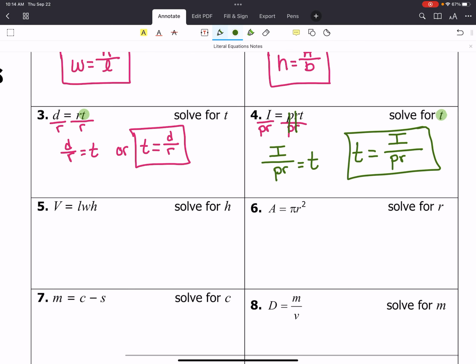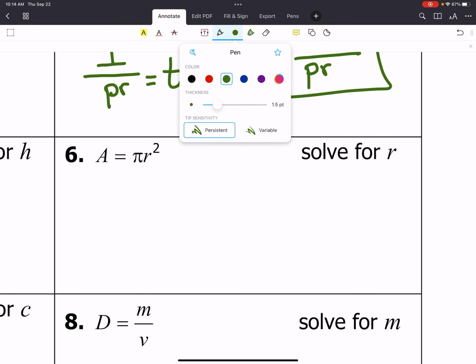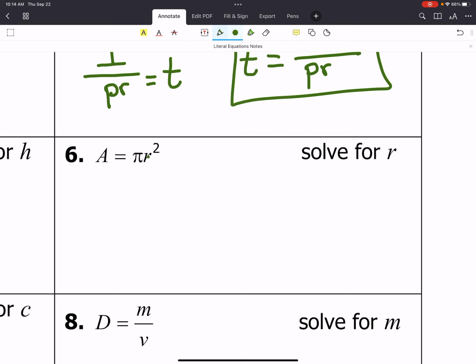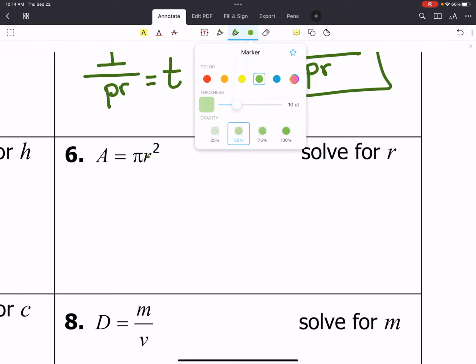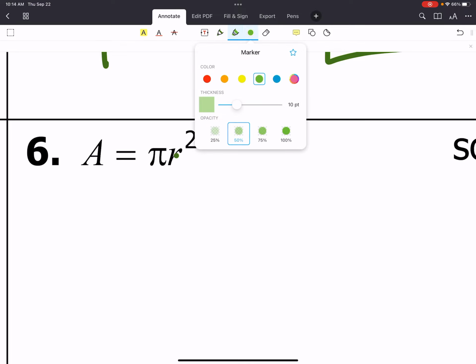Number 5 is very much like number 4, so I want to skip it for now. Let's go take a look at number 6. Number 6 is interesting. Number 6 says solve for R. Let me see if I can make this a little bit smaller for you guys.